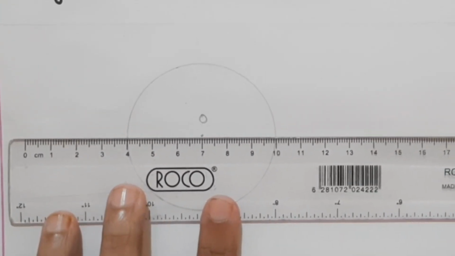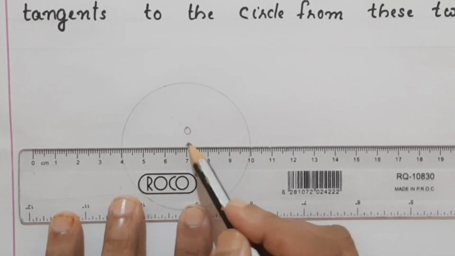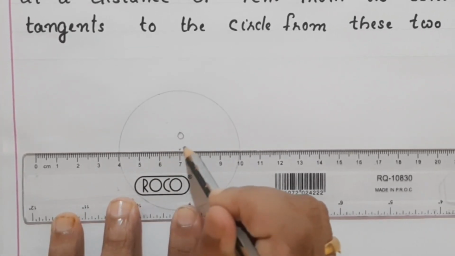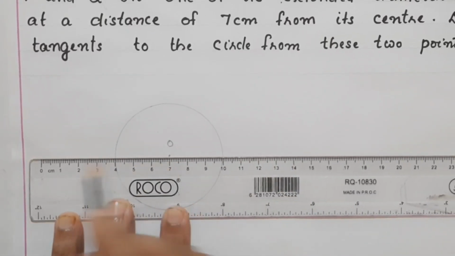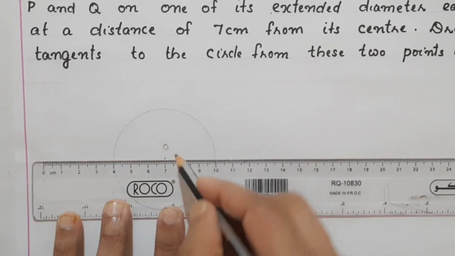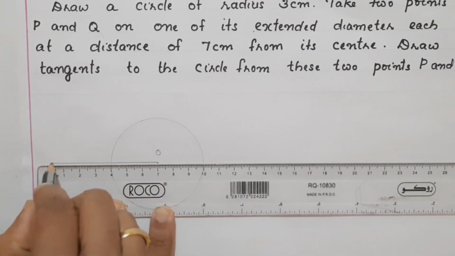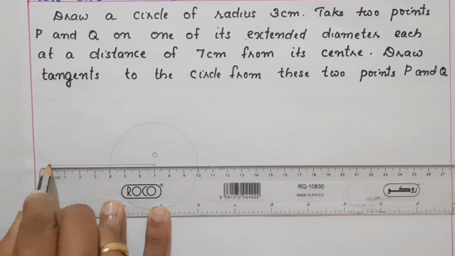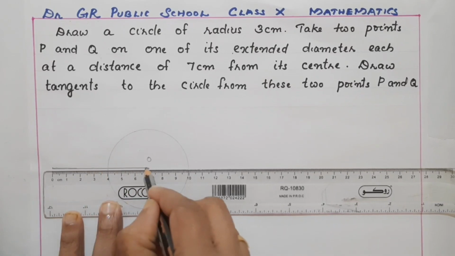First, so you can see this 7 cm. I kept it at the center. Then here 7 cm. So I can draw up to here. So this point will be P. Okay.